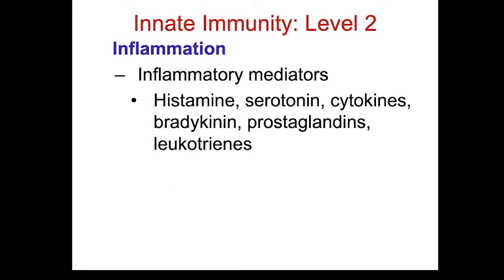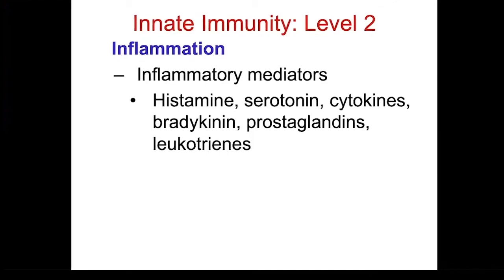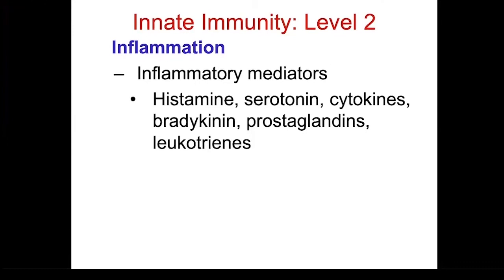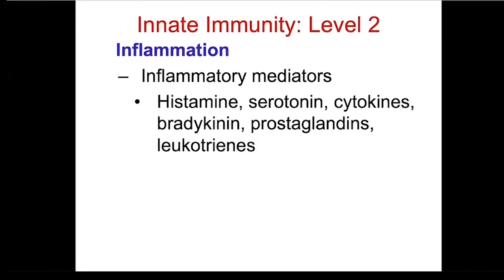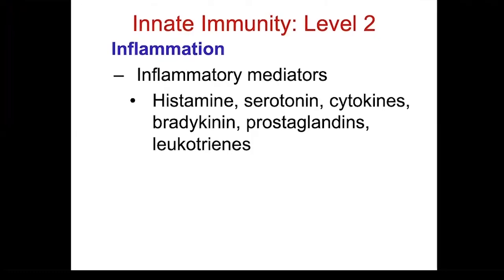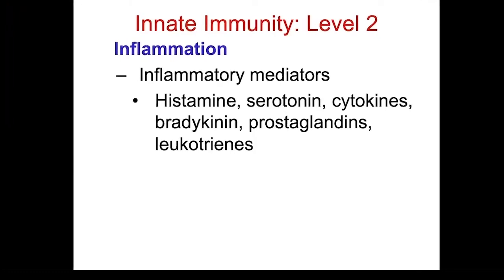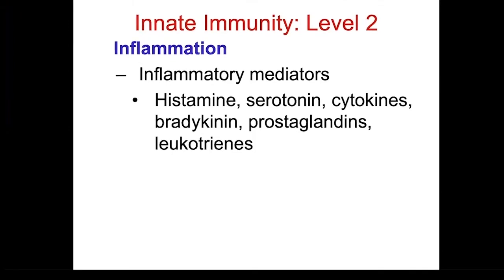Serotonin is released by activated platelets. Cytokines are released primarily by leukocytes. Bradykinin is a plasma protein. And prostaglandins and leukotrienes are local hormones released by cells.